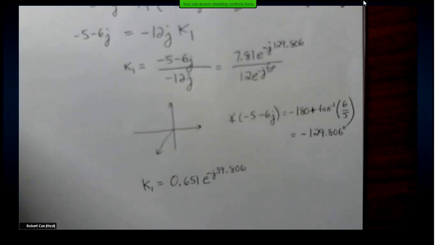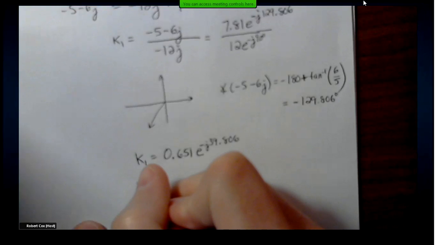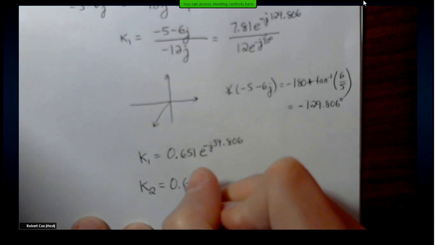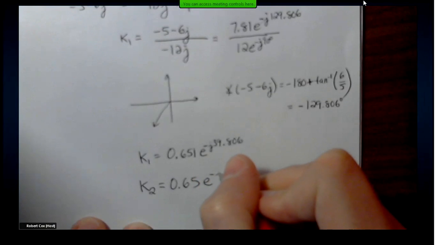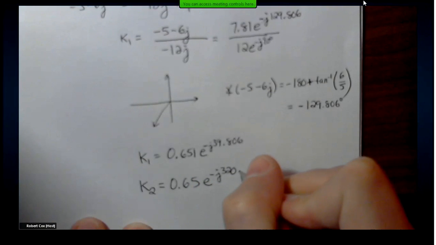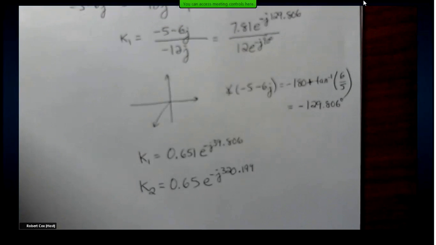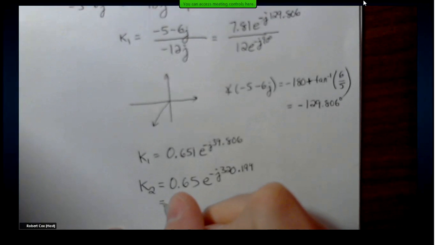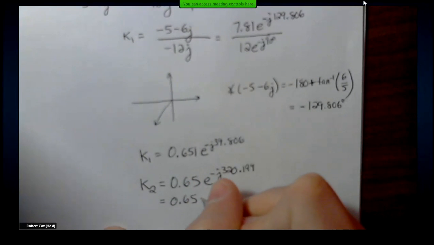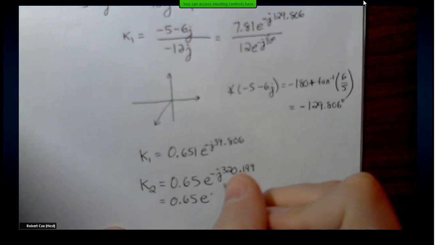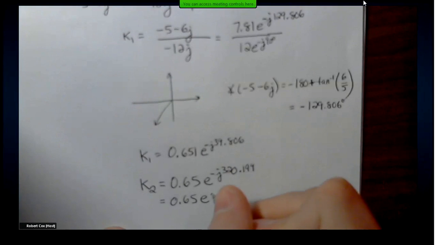All right. So let's take a quick look at what we got for K1 and K2. K1 was this guy. K2 was 0.651 e to the minus j 320.194. That is the same as 0.65 e to the 39.806 degrees, right?